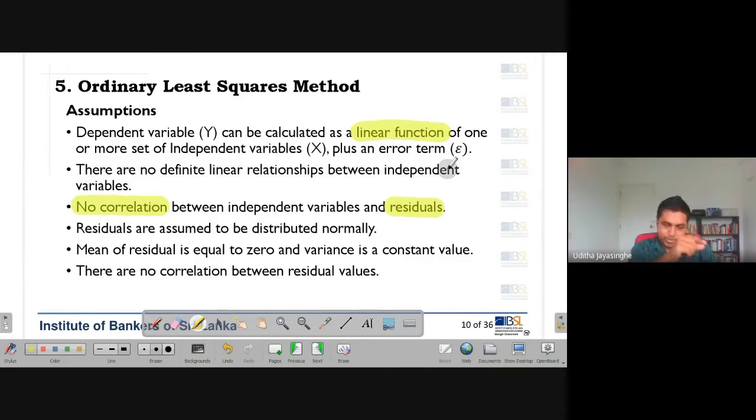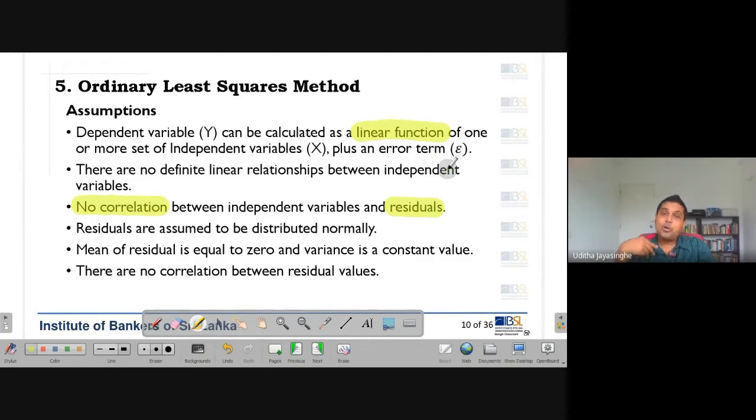So between this x variable and the residual, and between x1, x2, x3 in the multiple situation and the residual, if you can find some correlation, that is also going to be a problem. Why? That means there is going to be a much more defined or optimized kind of a line.